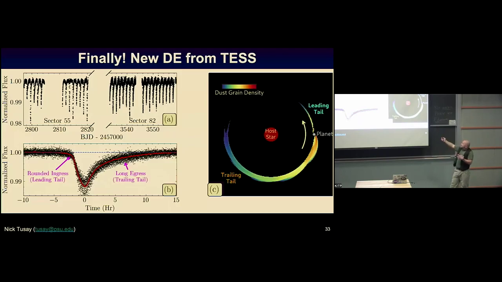The trailing tail generally gets blown out and thinned out, but this one is so active that it's getting replenished all the time. And so to us, it basically looks pretty static.